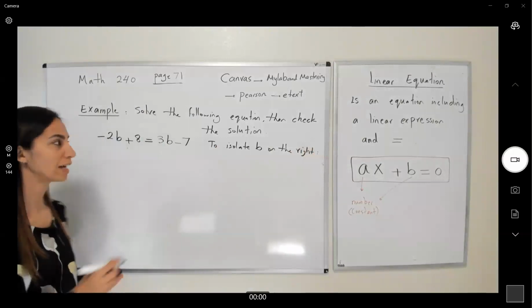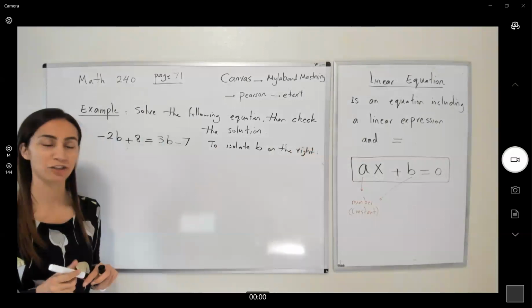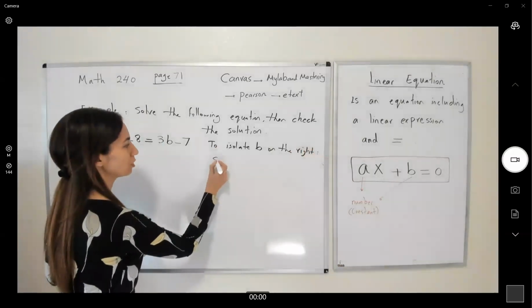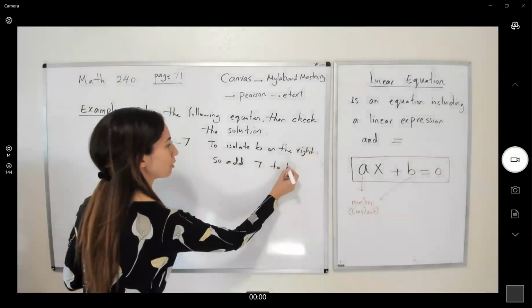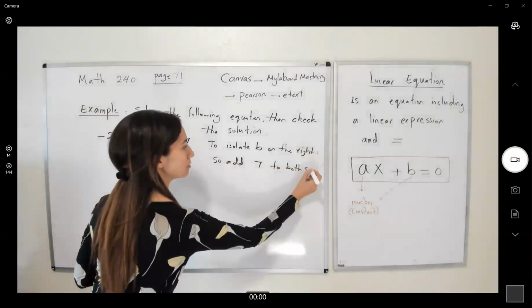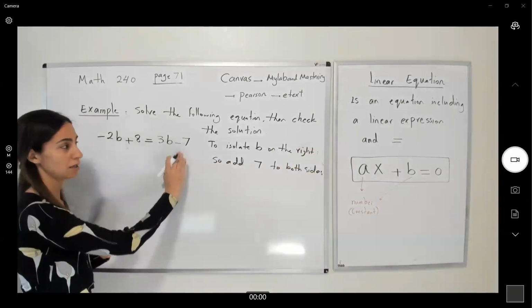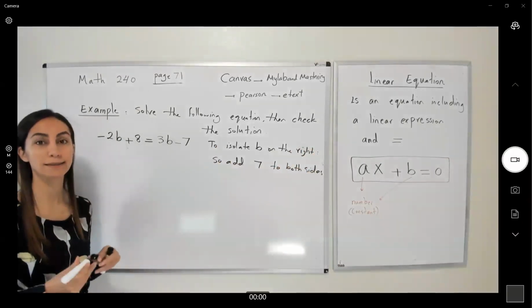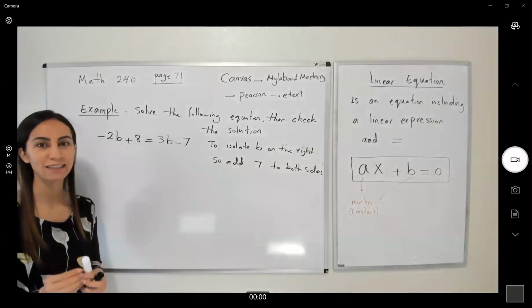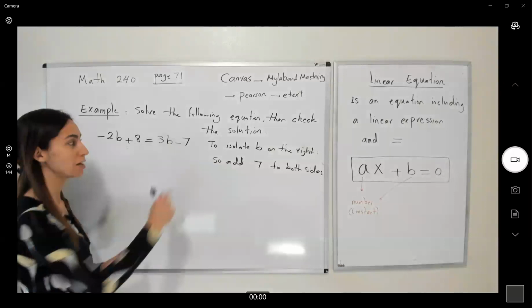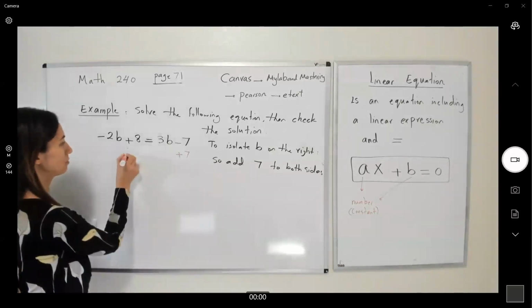What's the meaning of that? It means that I have to get rid of this constant first. So add 7 to both sides. Why adding? Because I have minus 7. The opposite operation is adding a positive number, which is equal to 7 itself. Plus 7, plus 7.